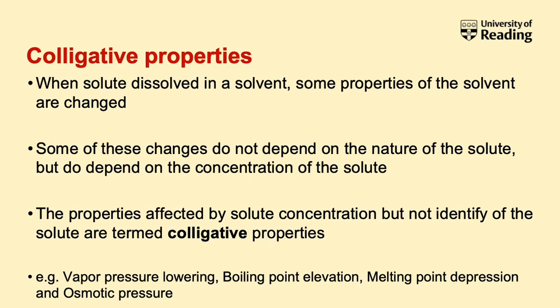Some of these changes do not depend on the nature of the solute, so the structure of the active ingredient doesn't matter, but do depend on the concentration of the solute. These properties are called colligative properties. So colligative properties are affected by the concentration of the solute added to the solvent, but not by the identity of the solute. Examples of these are given here.